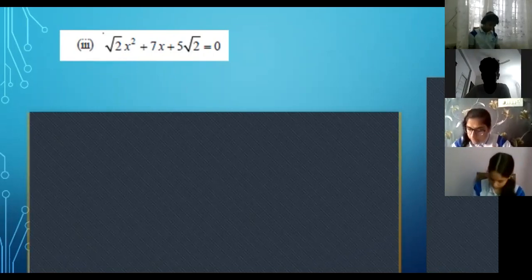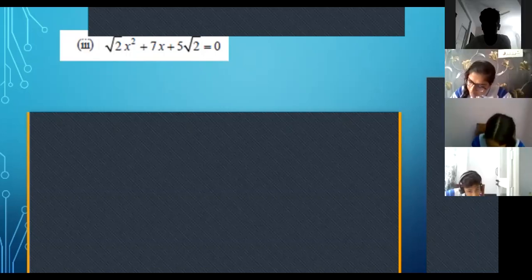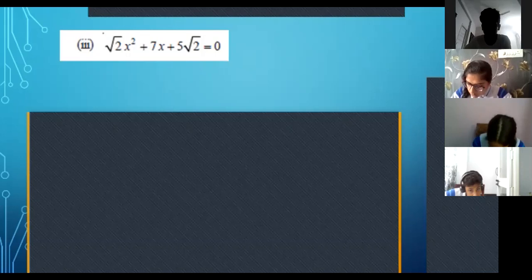So what product do you have to check? 5 into root 2 into root 2. 10. So you need 10x square actually. And the middle term as 7x. If we can write 5x plus 2x, check it out.